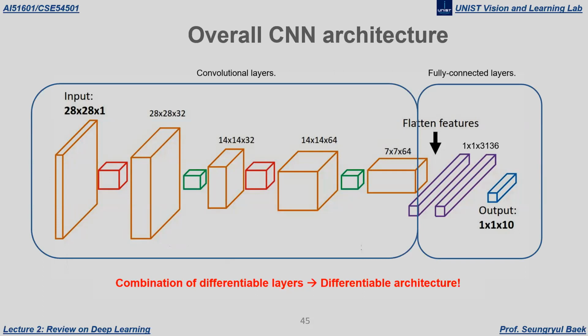The first part is composed of the convolutional layers, which are dedicated to processing 2D images. But the later part, after flattening the signals, is composed of mostly multi-layer perceptron operations, and these are called fully connected layers.